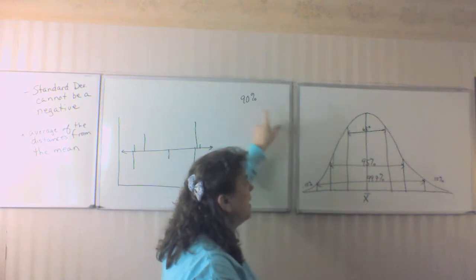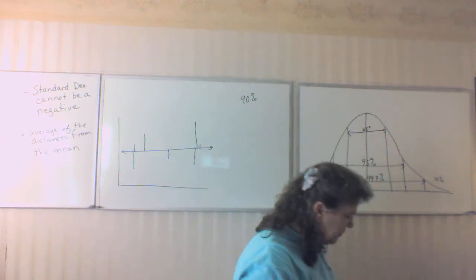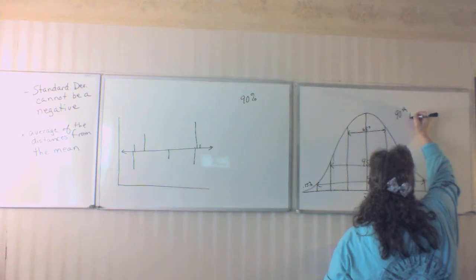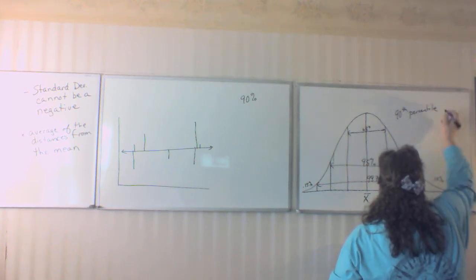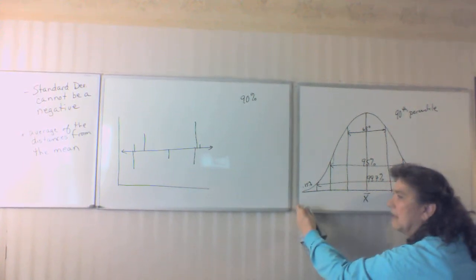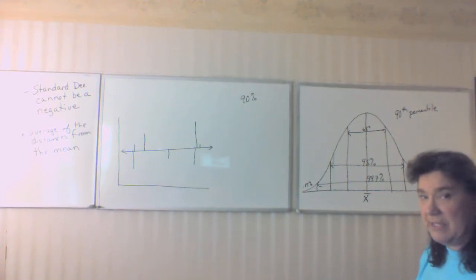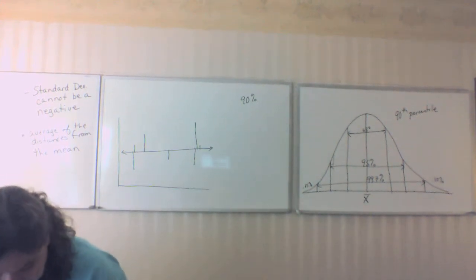But when I tell you that you are at the 90th percentile, this means that you did better than 90% of the people who took the test. So there's a difference in the meaning of it.